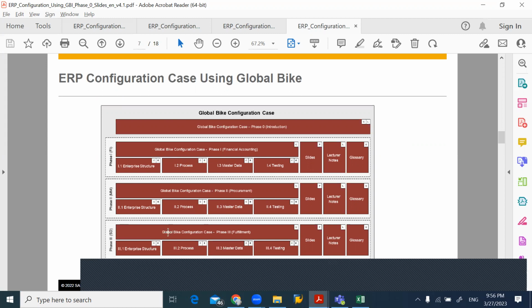Similarly, in the third one, sales and distribution, again we have to configure the enterprise structure, configure some parameters or business rules, enter the master data, and then do the testing. These are the things that we will be doing in all cases. So if you know how to configure phase 1, that is finance, then we can easily finish material management and sales and distribution.